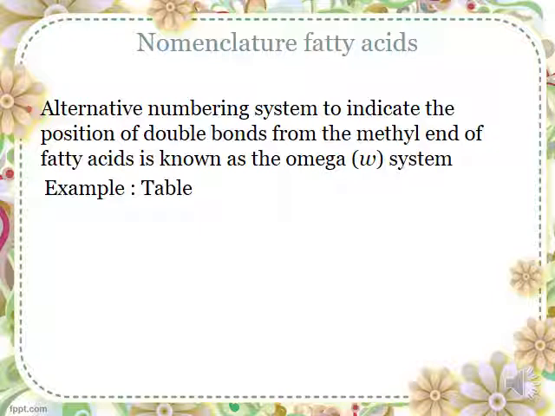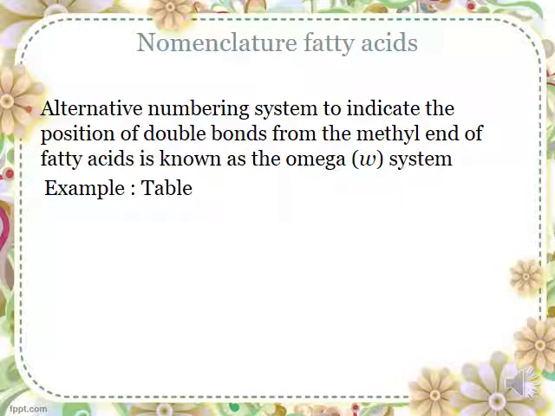As an alternative to the delta numbering system, we use the omega system. The omega system indicates the position of the double bond from the methyl end. In the delta system, it is counted from the carboxyl end, whereas in the omega system we count from the methyl end.